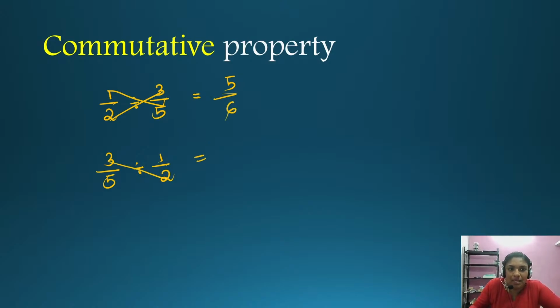Now, what will happen here? 3 2s are 6 by 1 5 is 5. See, when we changed the order of numbers, we get different rational numbers, right? One rational number is the reciprocal of the other. Here 5 by 6 and here 6 by 5, which is the reciprocal of the first one, 5 by 6. So these are entirely different numbers. So what does it mean? Division of rational numbers doesn't satisfy the commutative property.